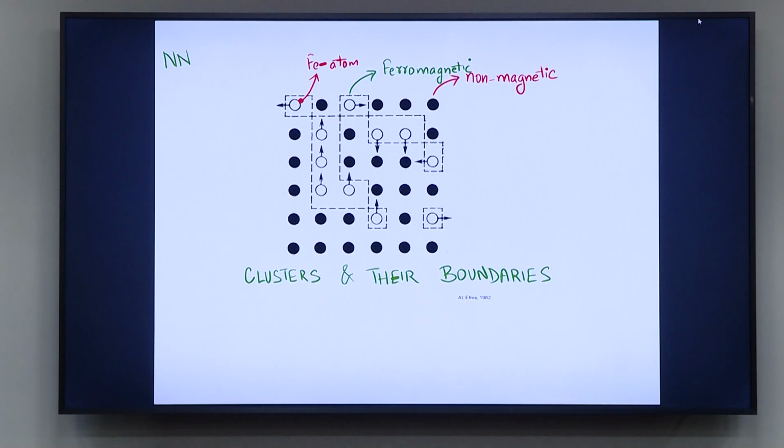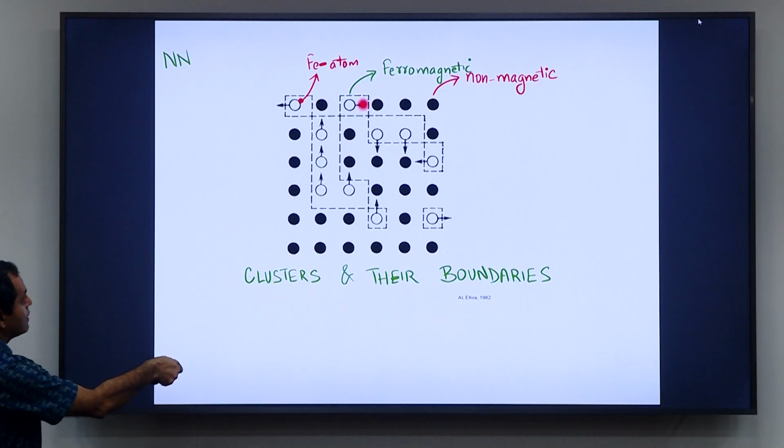The reason I have depicted all these 4 to point up, all these 2 to point down and so on is because if there is a nearest neighbor, it tries to align the neighboring atom. All try to align in the same direction because their interaction favors alignment, being parallel. Just like two small compasses, though they don't actually do it, but think of two compasses which like to align with each other. When you bring them close enough, they might align each other.